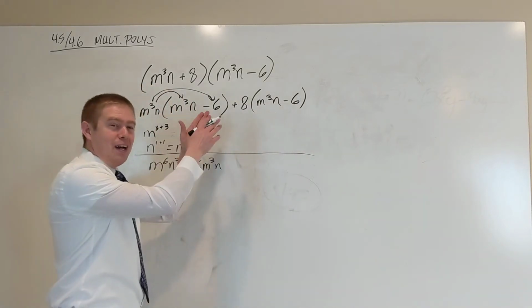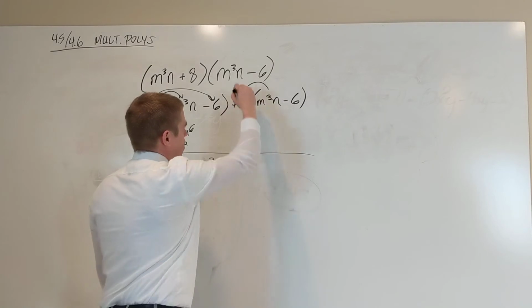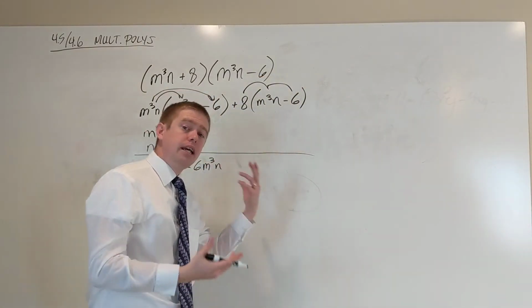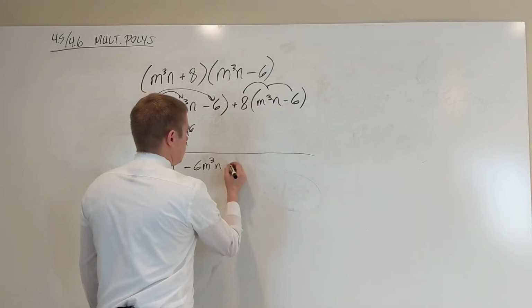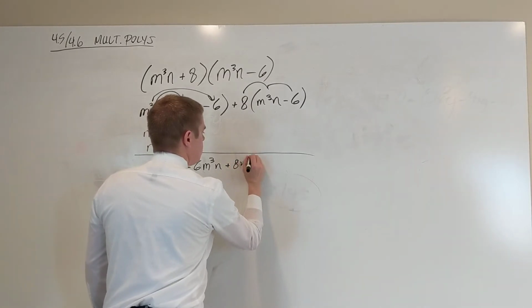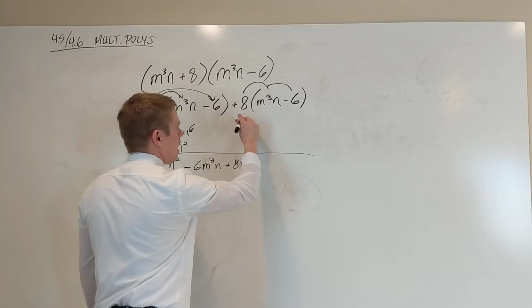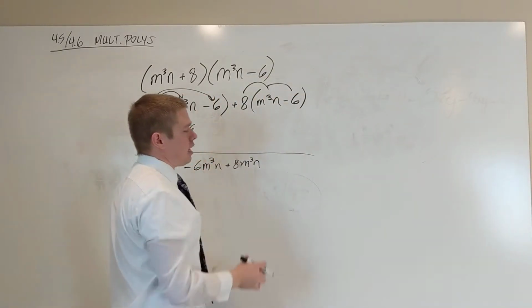All right, moving on. So we say, okay, now we've got 8 to here and to here. This one's going to be a little bit easier because we're not taking exponents times exponents in this case. We can say plus 8m to the third n, and that takes care of that times that. Now we take 8 times negative 6.